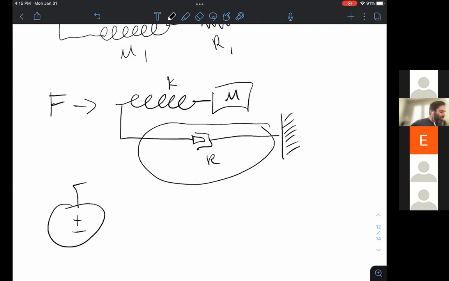It can't bend in. So I think if R goes to infinity, K or M couldn't have any velocity regardless of the force, which means they couldn't have any current, which means I think it's in series. Let's draw that down like that. Okay. So that's R.